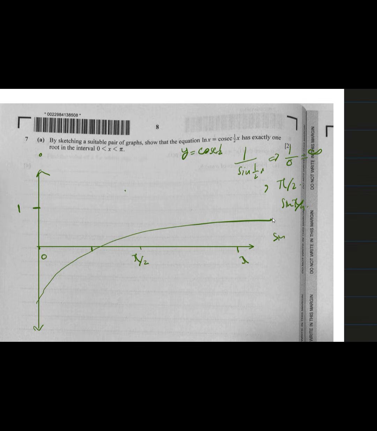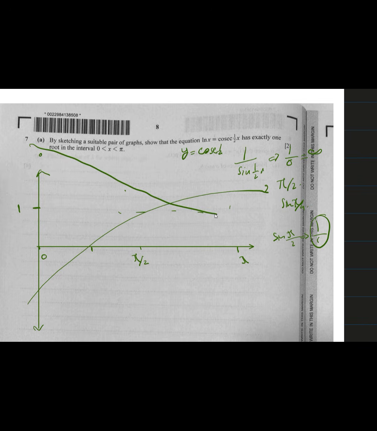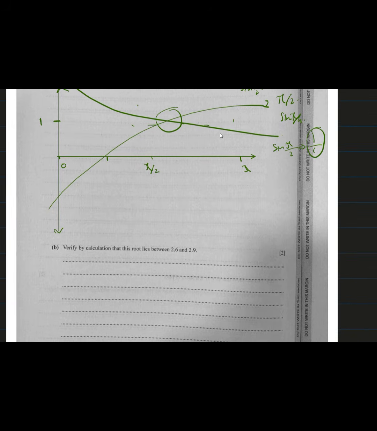Sine of pi over 2 is 1, so 1 over 1 would be this. So it will basically be somewhere like this, starting from infinity to here, and it will intersect roughly around this point.